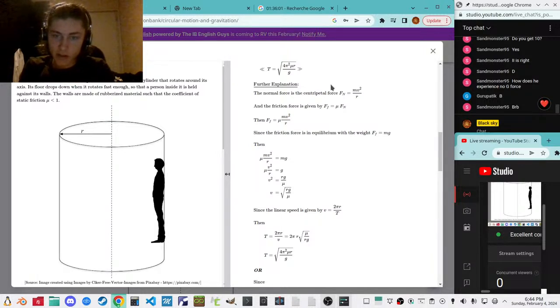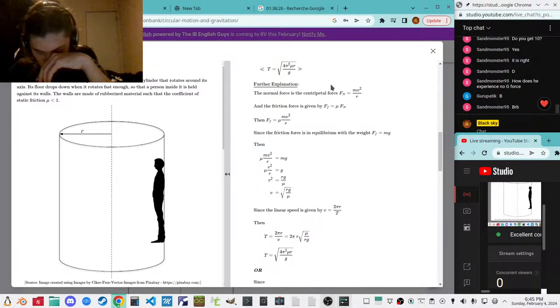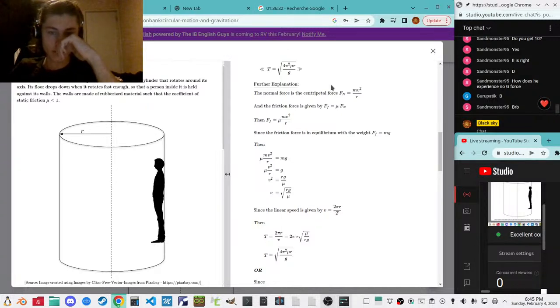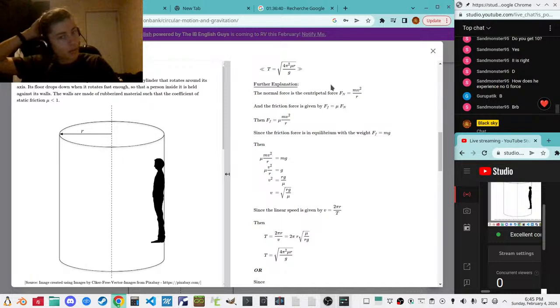Okay, the normal force is the centripetal force. The frictional force is given by this times normal force. Then since the frictional force is in equilibrium with the weight, mg equals the weight.